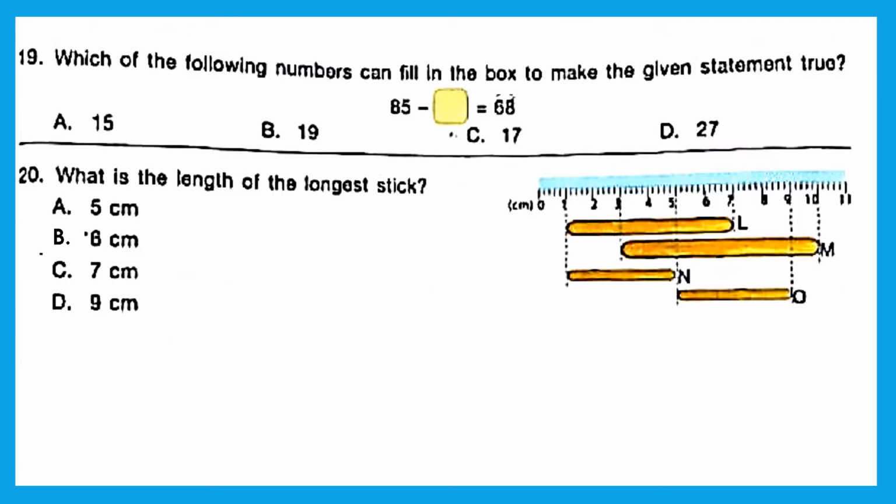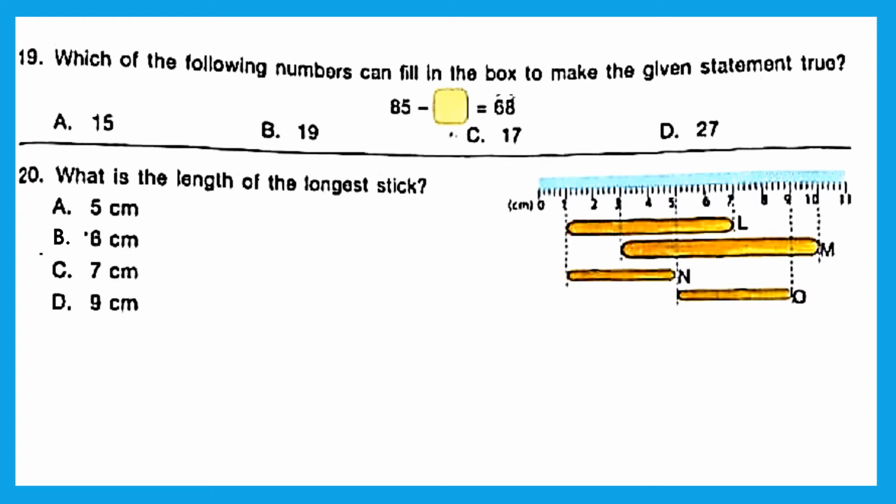Question 19. Which of the following numbers can fill in the box to make the given statement true? 85 minus something will give you 68. So when it's a minus or subtraction relation, we can find the addition relation also. So let's first understand that 85 is the whole number and one part is 68. We have to find the other part of that whole number. So 85 minus something is equal to 68.